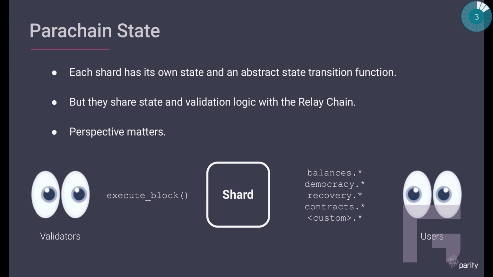Each shard in Polkadot has its own state and an abstract state transition function. They all have their own state, but they're sharing state and validation logic with the relay chain. We've talked a lot about heterogeneous versus homogeneous shards, and this actually depends on what angle you're looking at it from.